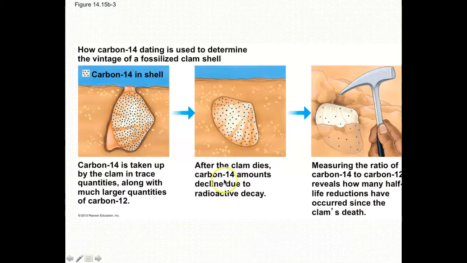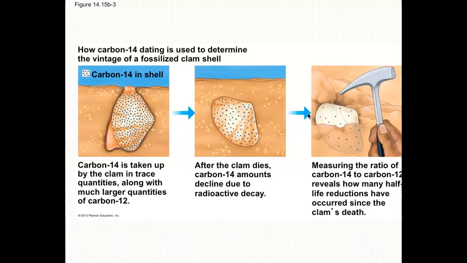So the amount of carbon 14 that it has in its body will begin to decay. And that decay is called radioactive decay. So when it decays, it actually becomes carbon 12. Then when you find a fossil, you can look at how much carbon 14 is left in that fossil. And you can determine how much time has lapsed because scientists know how long it takes for carbon 14 to become carbon 12.